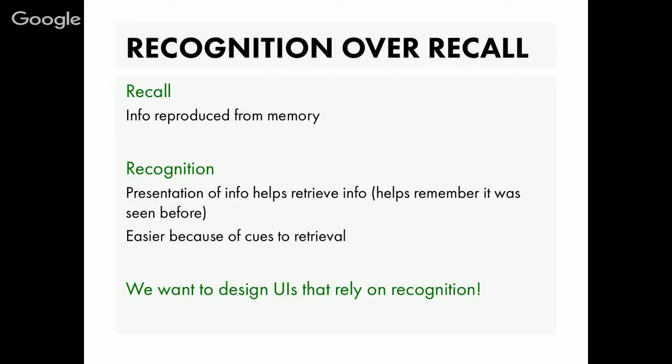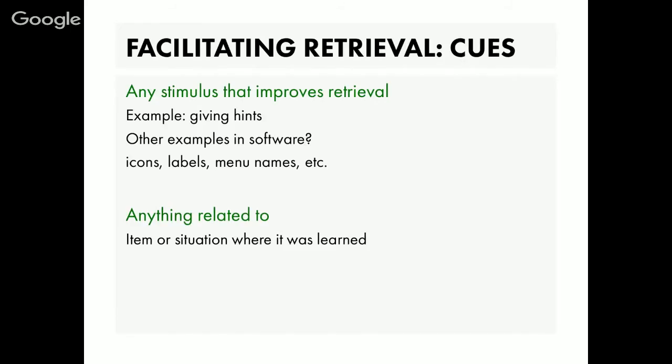Or something on a menu screen that you would recognize. So we want to design user interfaces that rely more on this recognition. And when we do want people to try to retrieve something, we need to think about strategies to provide cues. So hints, so having different kinds of icons or labels or menu names that are consistent, things that will help us to retrieve that information.